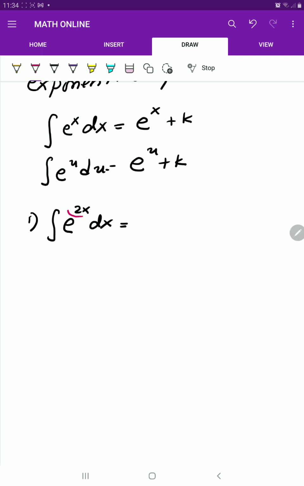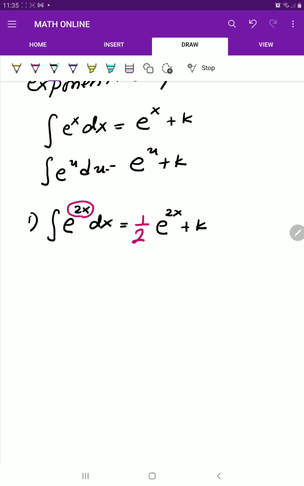First, take the derivative of the exponent in your head. The derivative of that is 2, so you multiply by 1/2. Because the derivative is 2, take the opposite of that, which is 1/2. So now the answer is 1/2 e to the 2x plus k.